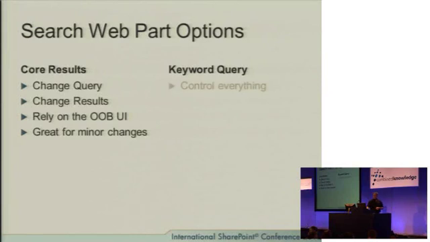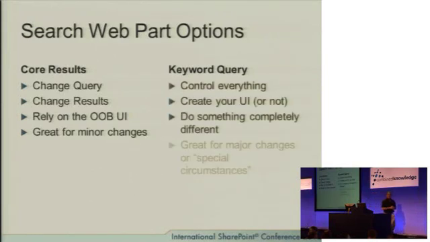Now you can also use the keyword query. You can construct your own keyword query, but if you do, or when you do, you get to control everything because you can do whatever you want with the query. You can submit that to the search engine, but then you have to create the UI if it's a visual web part. If it's not a visual web part, then throw it away and do whatever you need to do with the results.